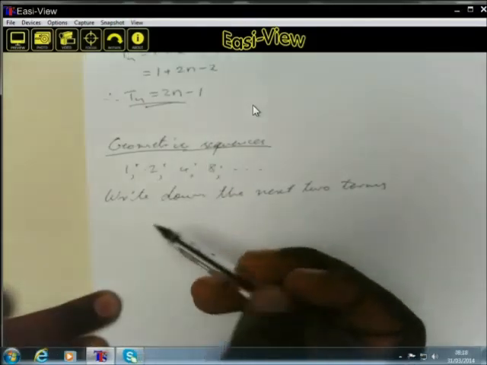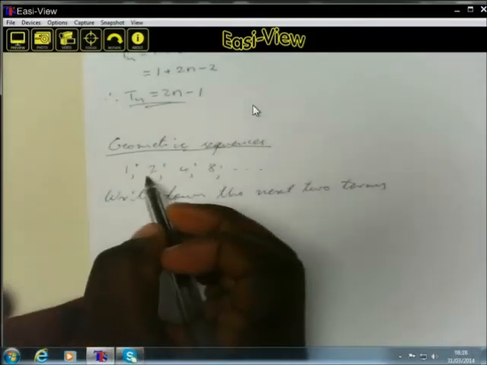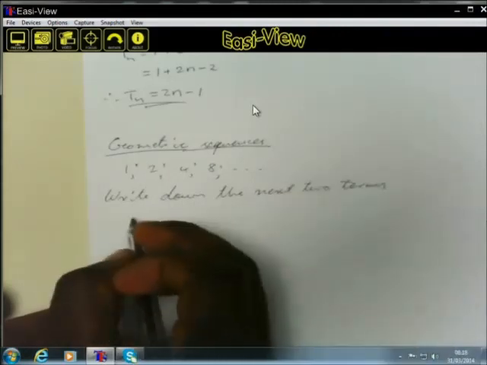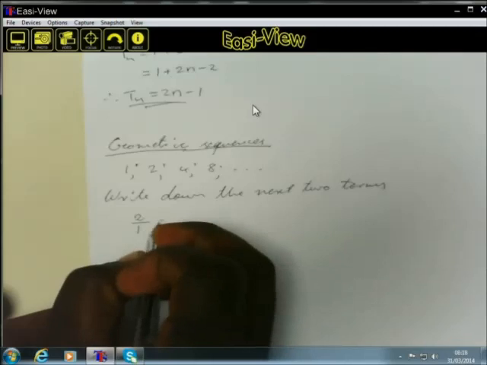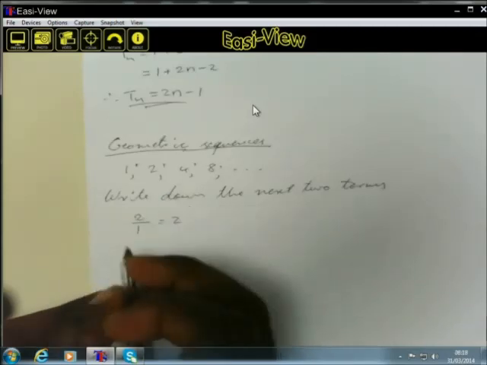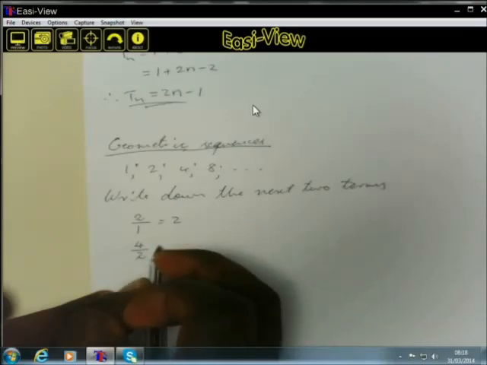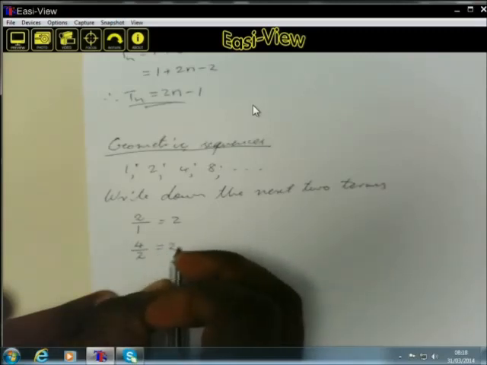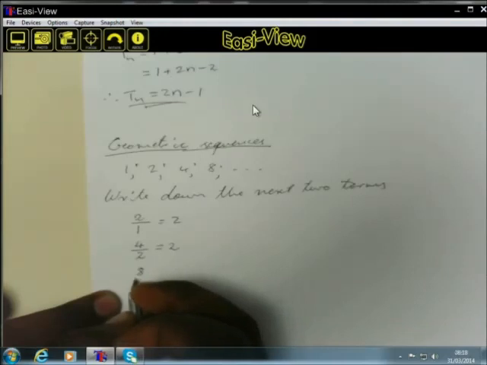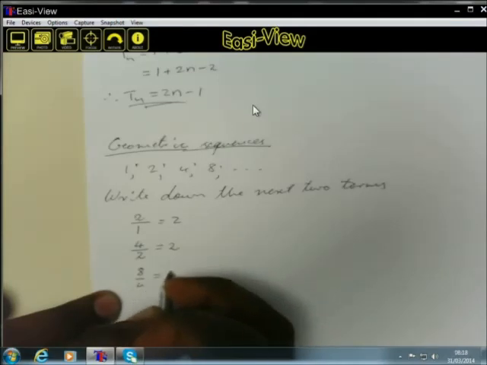But if you look at it in this way, if you say for instance 2 divided by 1, it gives us 2. And when you say again 4 divided by 2, it also gives us 2. And again 8 divided by 4 gives us 2.